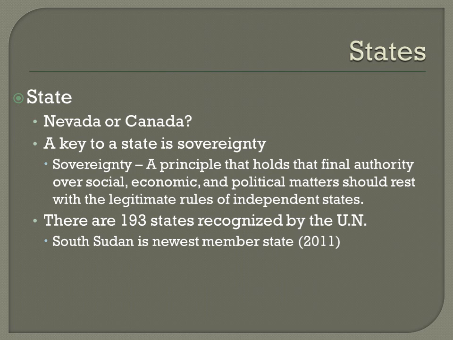They have the authority to make decisions, and the legitimacy of those decisions are recognized by the international community. Going back to that definition of state, that a state is recognized by a significant portion of the international community. Canada is. Nevada is not recognized as its own separate sovereign state. They don't have the authority to make those decisions on their own. Now, to be clear, the 50 states of the United States are a subnational unit within a single state, the United States of America.